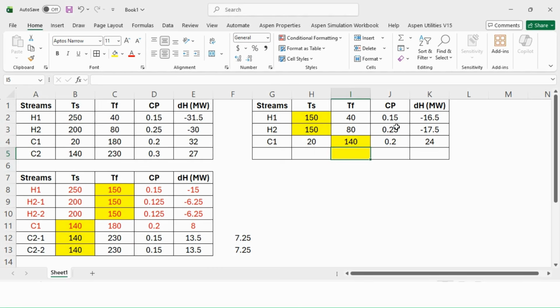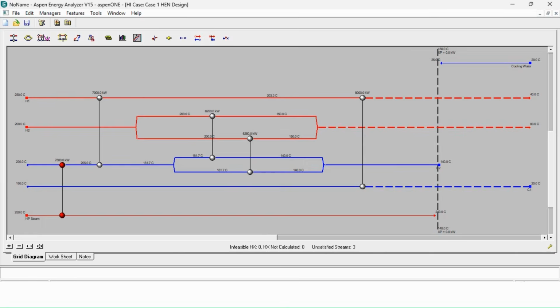But if you remember, we have already studied that this rule can be violated if there is no delta T minimum violation, or if delta T on both ends is greater than delta T minimum. So we will first do the connection between H1 and C1, because that is the problematic part.